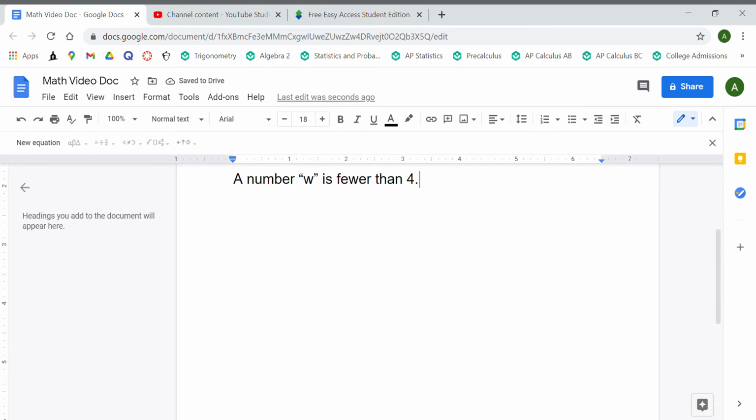Alright, so there's a basic number sentence. You know that a number W is fewer than 4, because that's literally what it says.